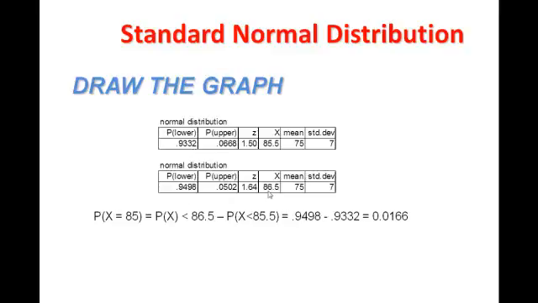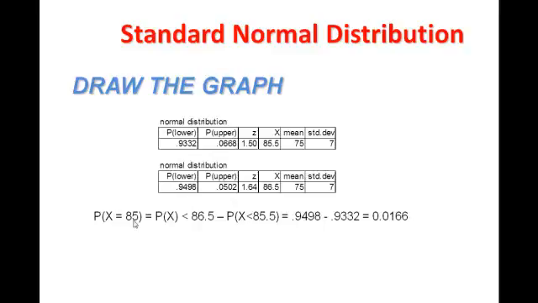For the second calculation, I used 86.5 as my X value, with mean 75 and standard deviation 7. The Z value came out to be 1.64, meaning that 86.5 lies 1.64 standard deviations from 75. You can look it up on a table or just read it from this Excel output. And so the probability of getting a value less than 86.5 is 0.9498.